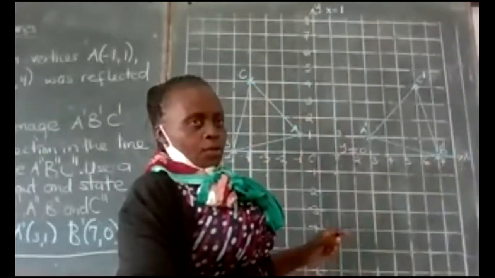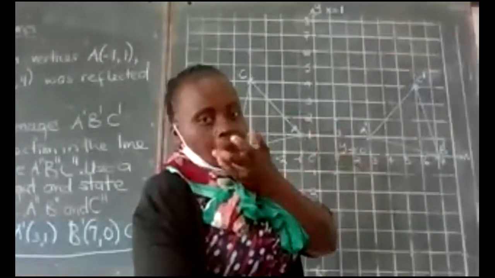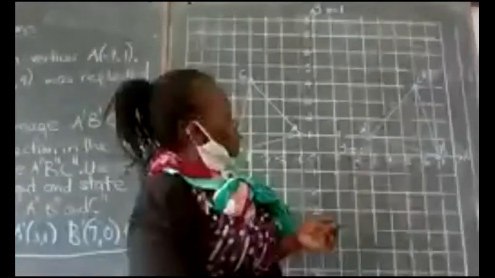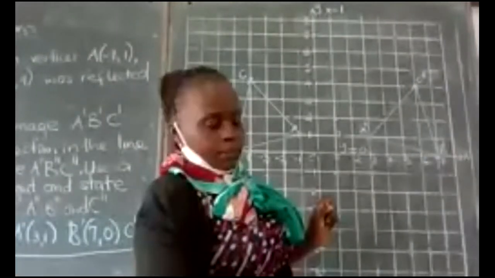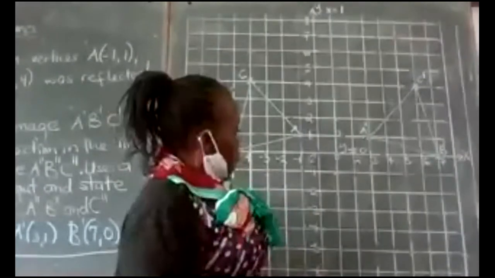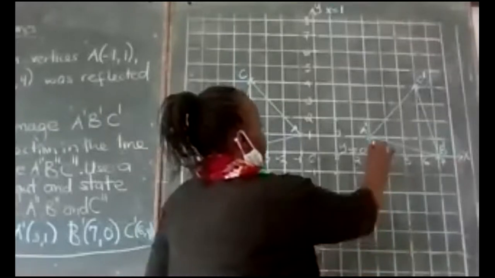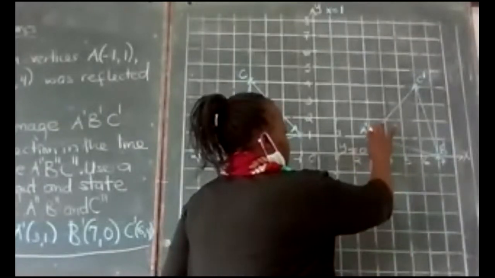So I can see some hands. Okay, Pellan, unmute and submit. A double prime is 3, negative 1. 3, negative 1. Let us see that. So since this is our mirror line, you can see that we have one square in between.